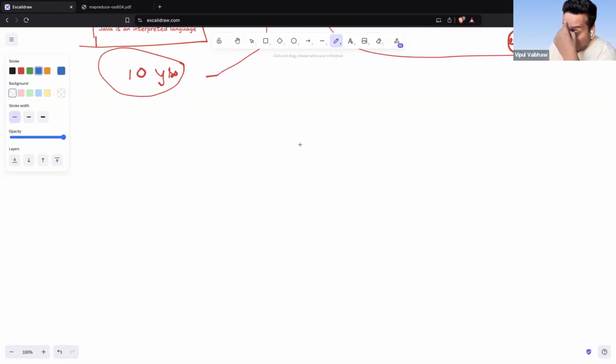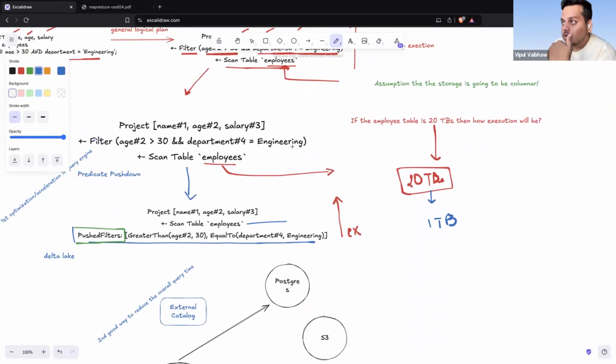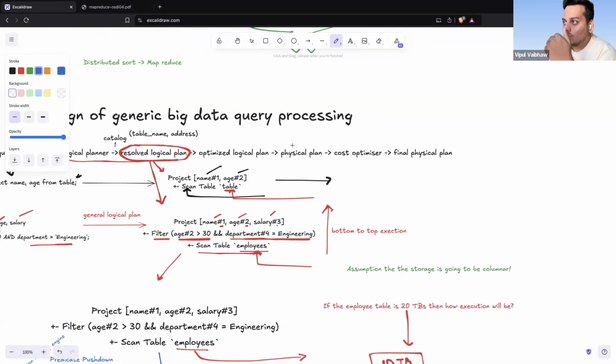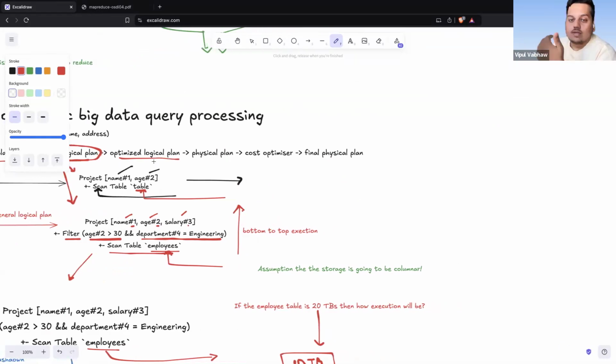So where was I? Yeah, we are in a great spot to talk about acceleration, because there are two aspects. One was the logical plan step. We have seen what the logical plan is. Now comes the physical plan. I'll quickly ask ChatGPT to generate a physical plan for this query so I can show you.